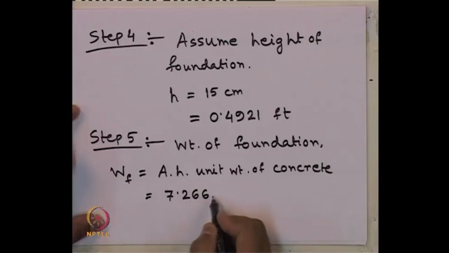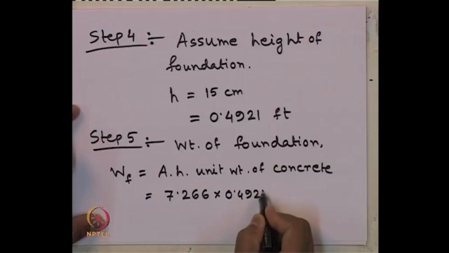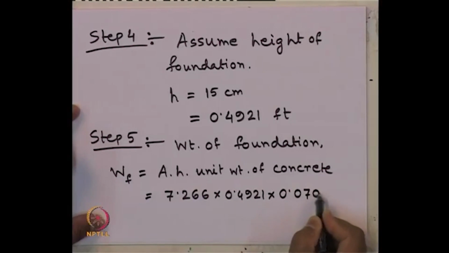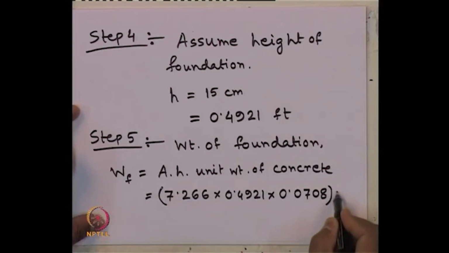7.266 feet square is the area, height is 0.4921 and unit weight of concrete is about 0.0708 ton per feet cube unit. So, this will give me unit of tons.